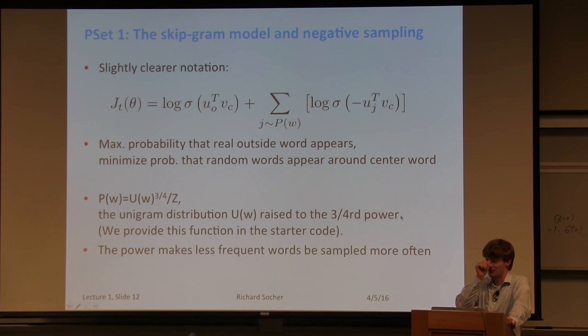We'll provide this function in the starter code, so don't worry. Basically, the power here makes less frequent words be sampled slightly more often, but not as often as if it was completely uniform.